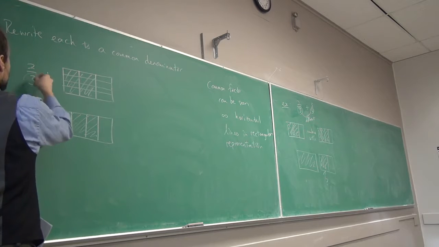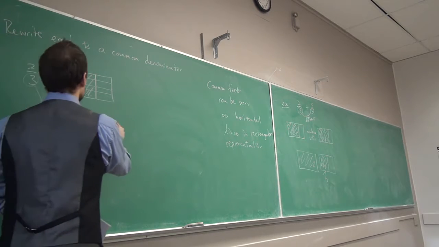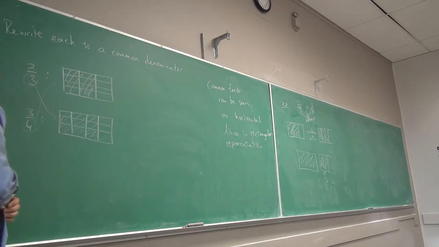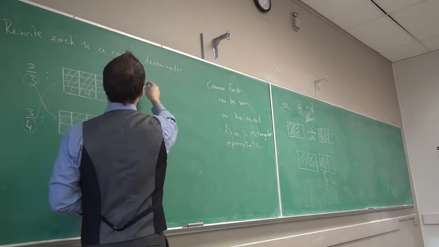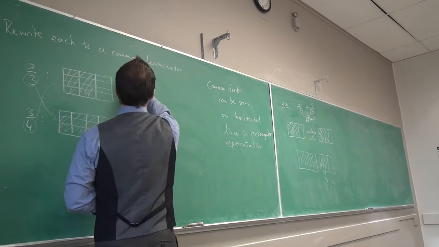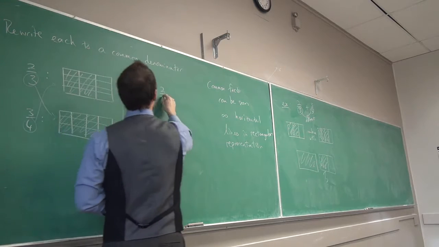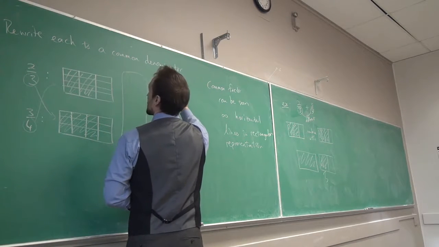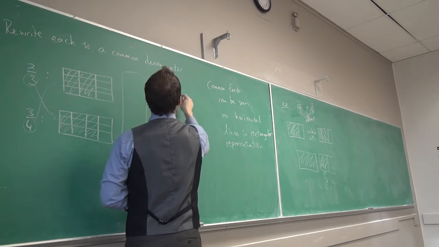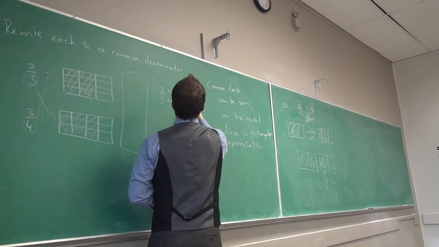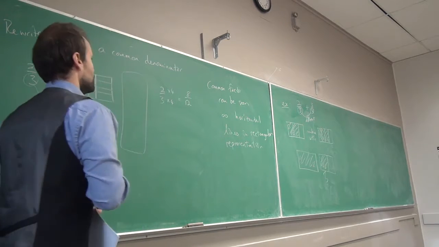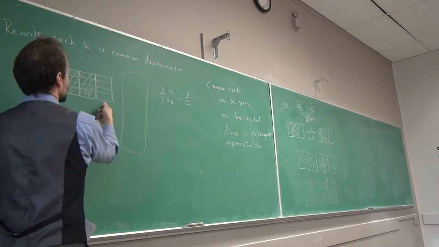I can take the 3 and go to the other rectangle and split that into 3 sideways pieces. What have I really done? By doing that visually, intuitively, I have really multiplied by 4 on both sides to create the fraction 8/12, but I didn't have to do that because visually I see 8/12.